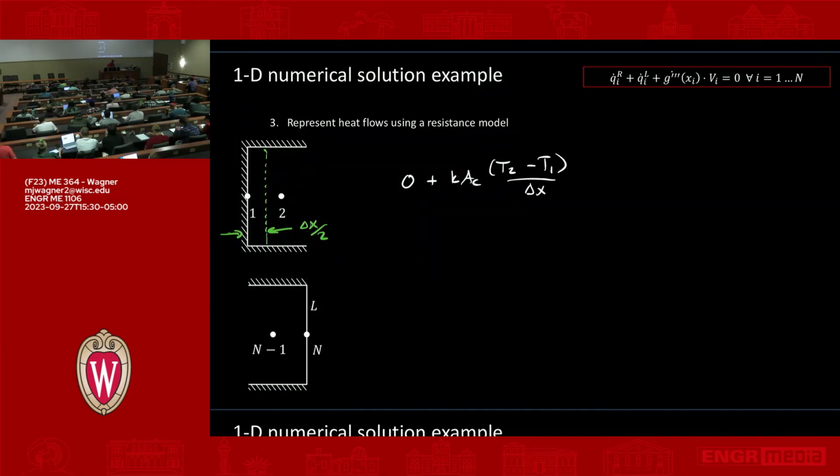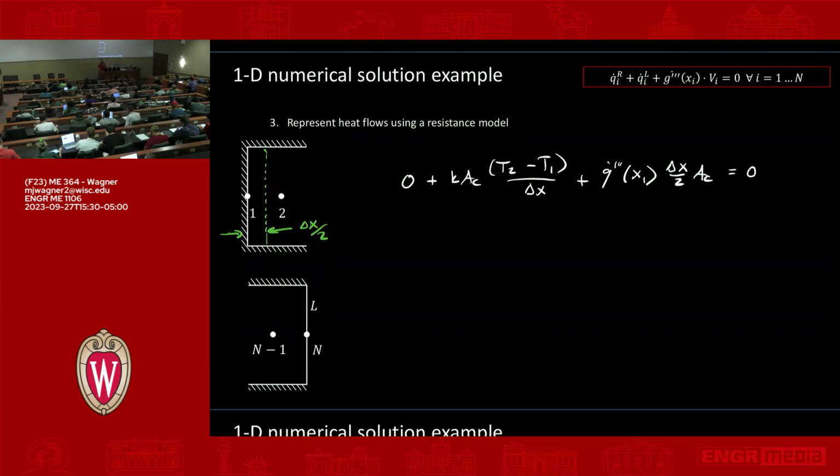That's the only thing that changes. Then the generation, g dot triple prime, evaluated at x1. And what's the volume? The volume is actually delta x over 2 times A_C. So be careful: the distance to conduct is still delta x. The control volume width is delta x over 2, which changes the volume.